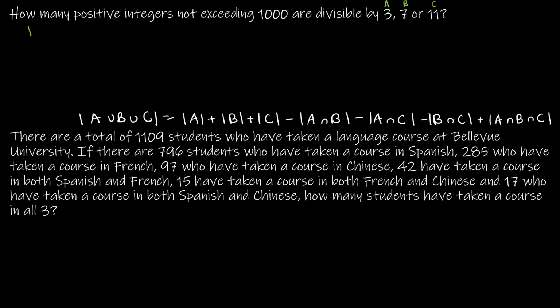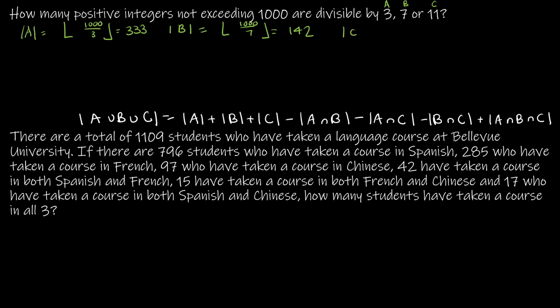So when I'm finding the cardinality of A, that's just the floor function of 1,000 divided by 3, which is 333. And again, we have to use the floor function. If we use the ceiling function, it would include values past 1,000. The cardinality of B is the floor function of 1,000 divided by 7, which we already know is 142.